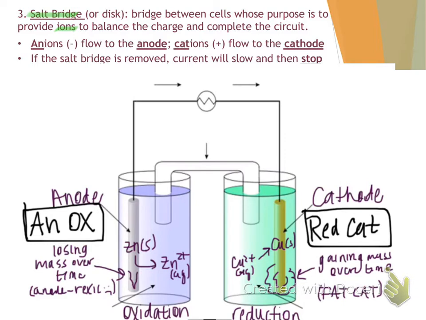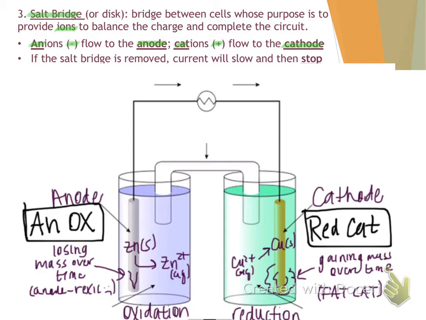It's necessary to balance that charge in order to complete the circuit. So within our salt bridge, our negative anions are going to flow to the anode, and our positive cations will flow to the cathode to balance out that charge. The salt bridge is an essential part for a galvanic cell.